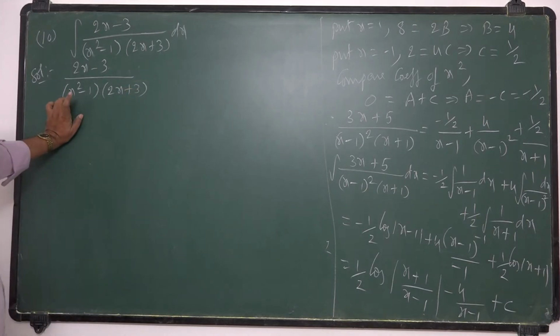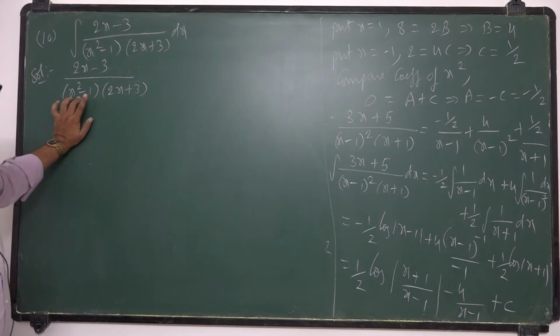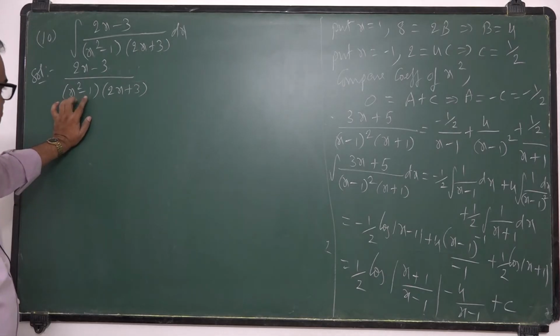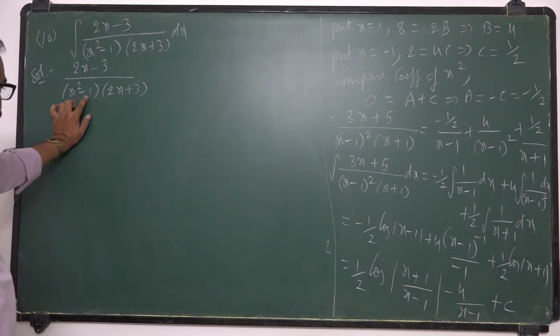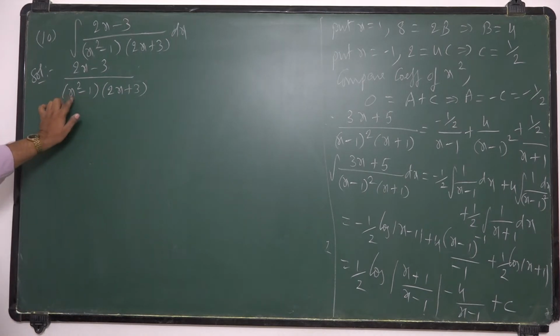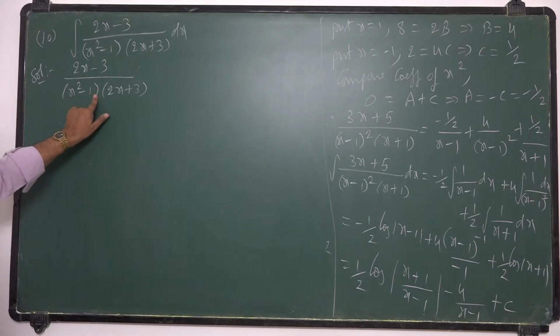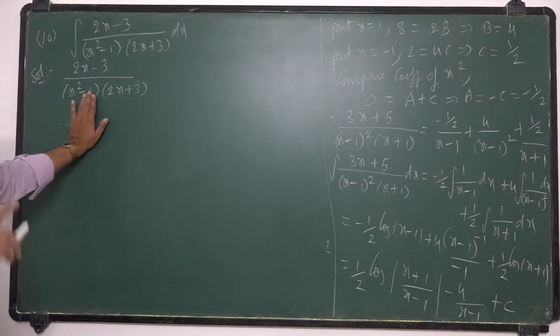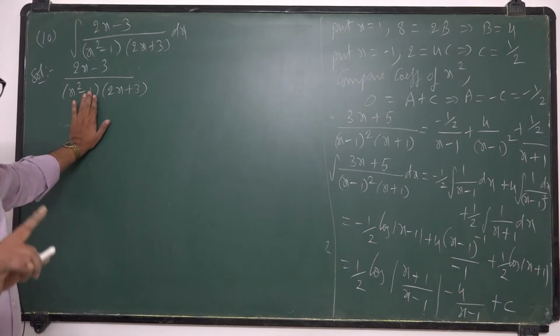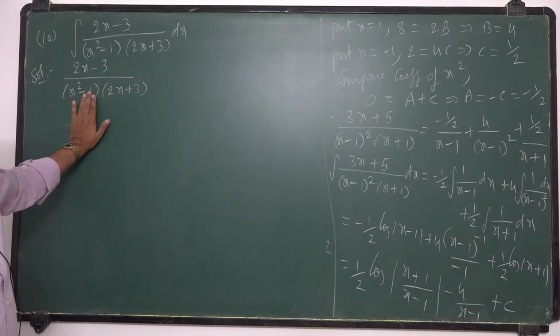See here, it is a quadratic factor, but it is a reducible quadratic factor. What are the factors of this x square minus 1? x plus 1 into x minus 1. If a quadratic factor is reducible, you must reduce it into linear factors.